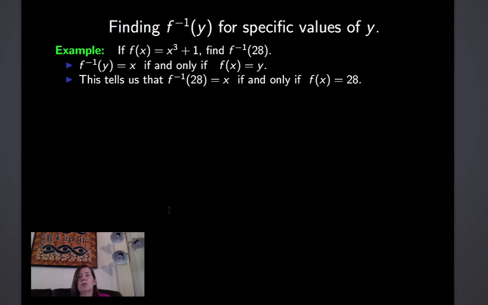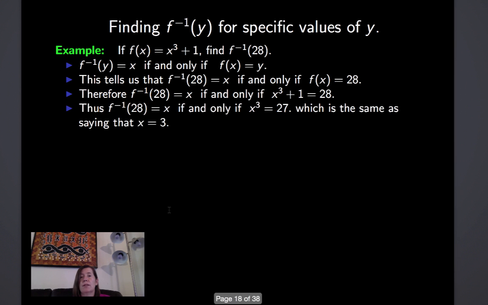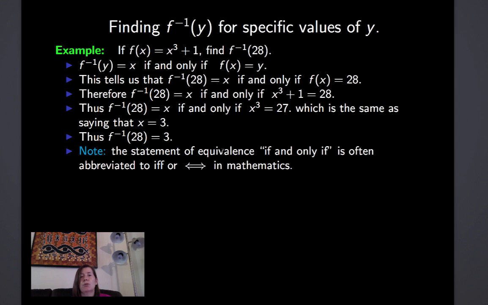Now, plugging in 28 for y in both equations, we get f inverse of 28 equals x is exactly the same as saying that f of x equals 28, which is the same as saying that x cubed plus 1 equals 28, which is the same as saying that x cubed is 27, which is the same as saying that x equals 3. So therefore, f inverse of 28 equals 3. Note that sometimes we write this "if and only if" using this symbol in mathematics.